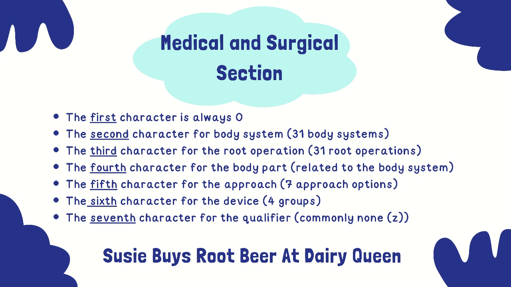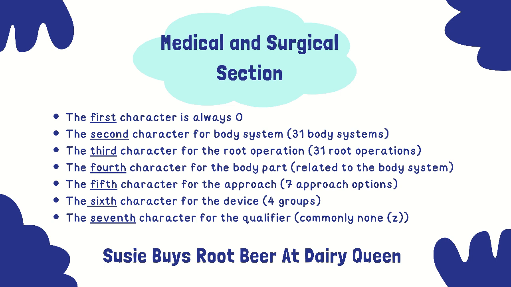All ICD-10-PCS codes have 7 characters. And in the medical and surgical section, the first character represents the section, which is always a 0. I mention that because the letters O and I are not used in the PCS system.